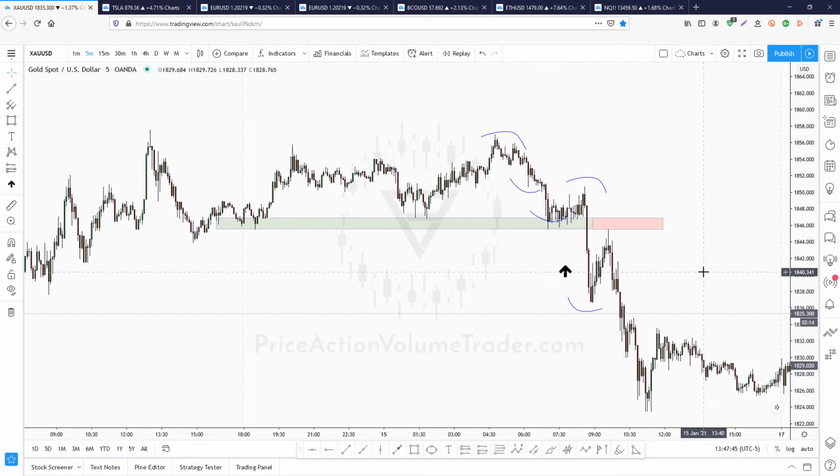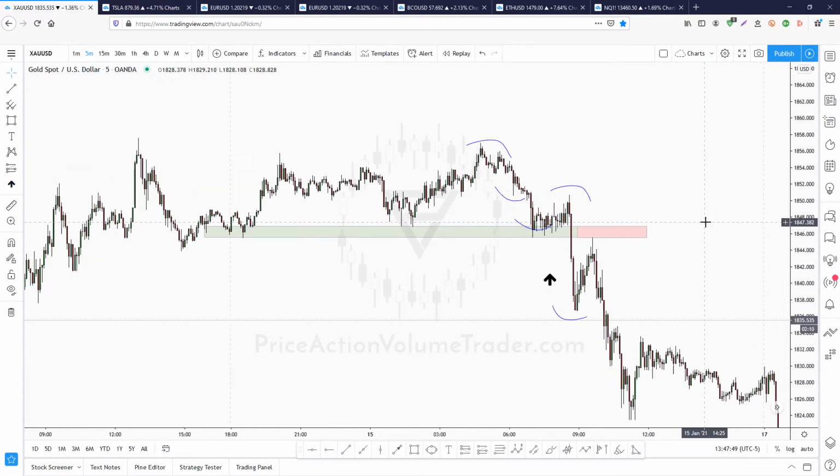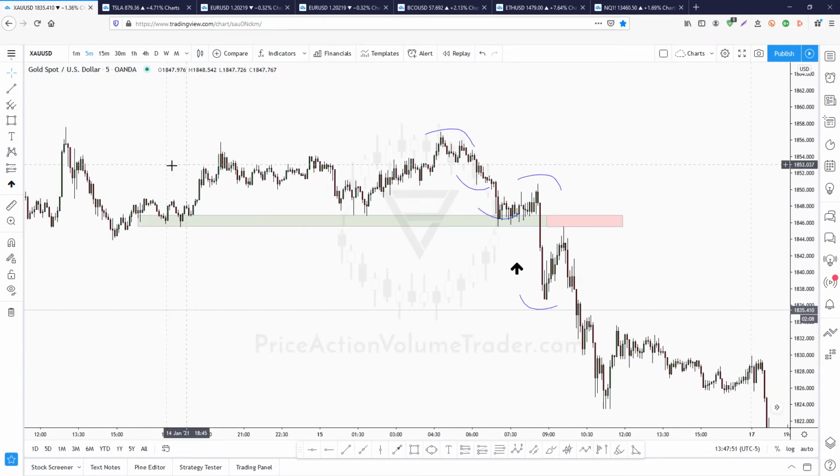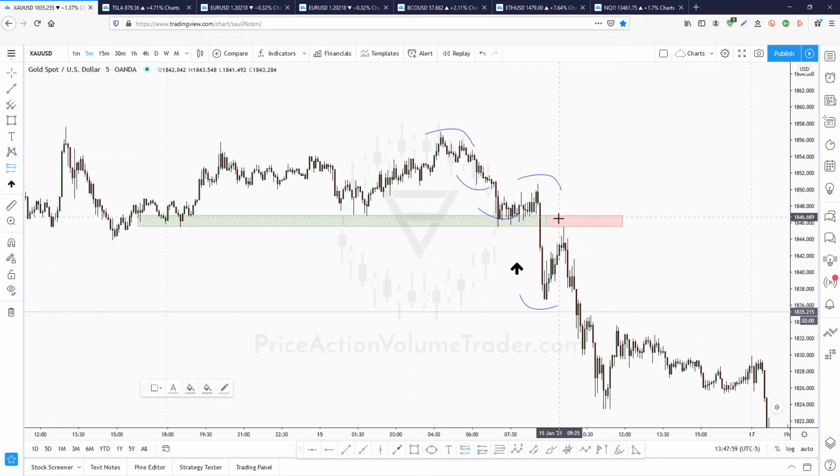Now, in this case, where would we put our stop loss, for example? Obviously the most logical place, let's say we would go in right at the low.